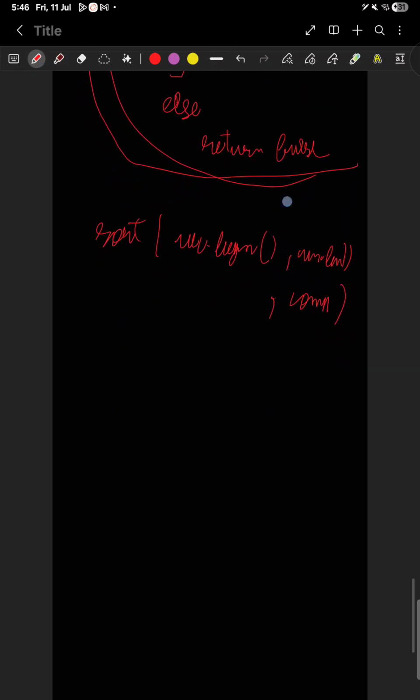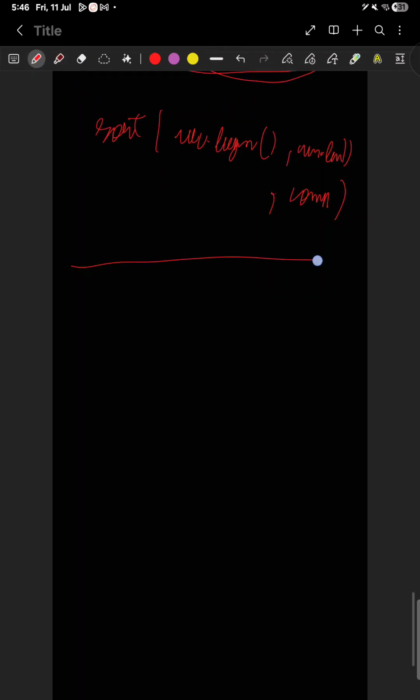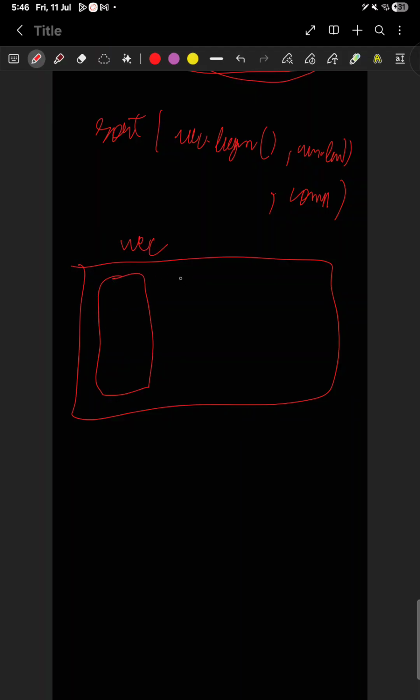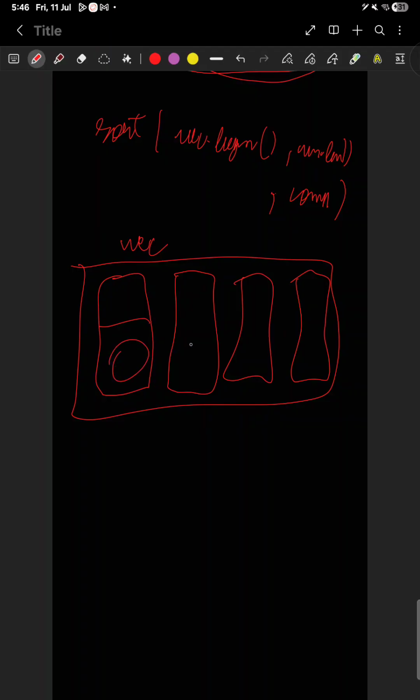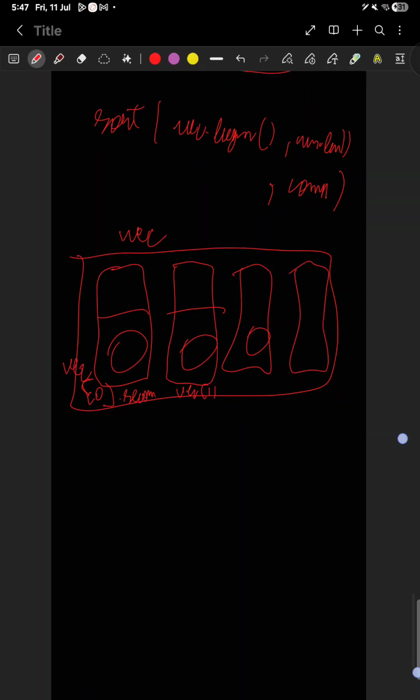Now that everything is done, we have a vector of pairs, and the second value of all the pairs, this is vec of 0 dot second, this is vec of 1 dot second, and so on.